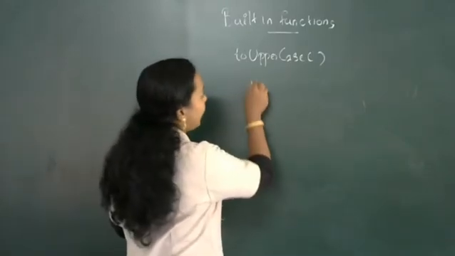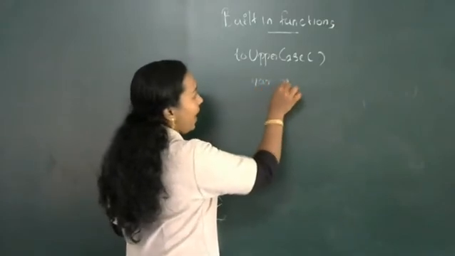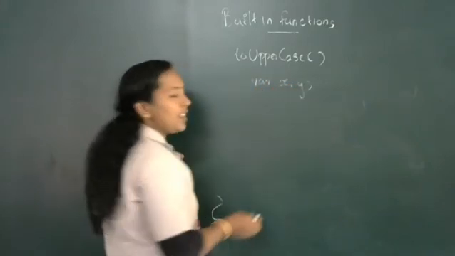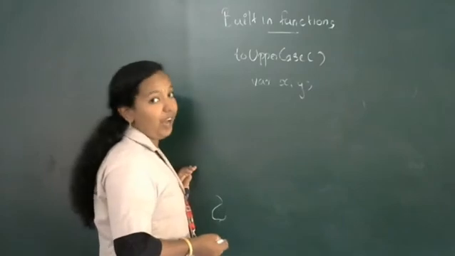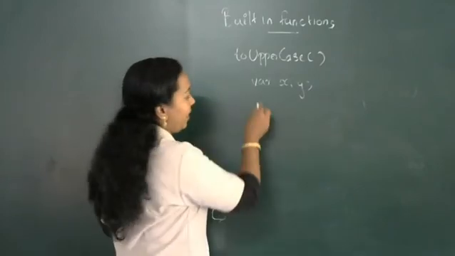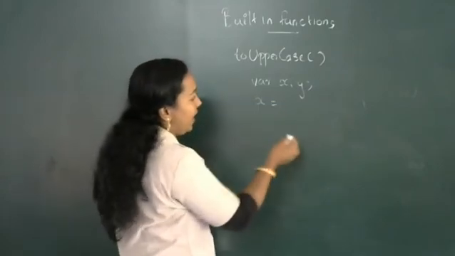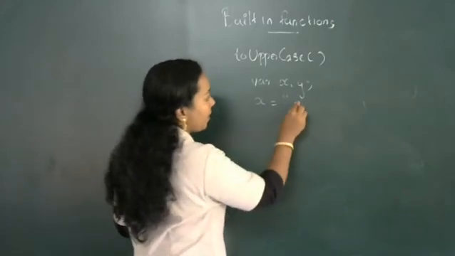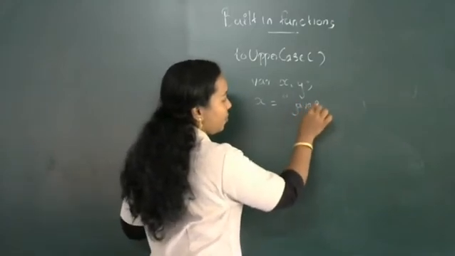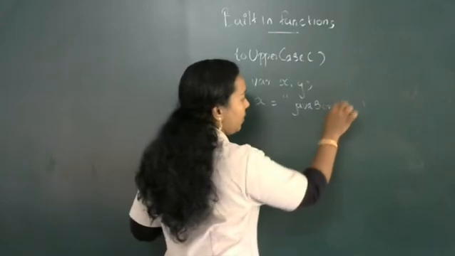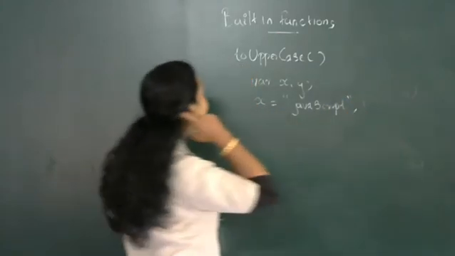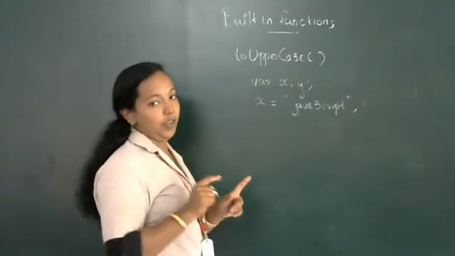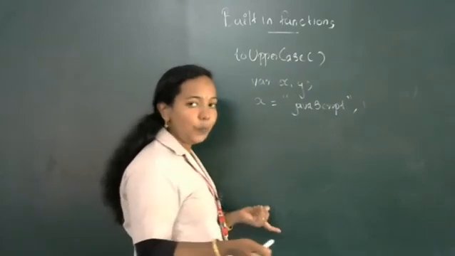So we can write like this, var x, y. What is this? x and y, two JavaScript variables. Then I am going to initialize x is equal to JavaScript. The entered characters are now in small letters that I want to make into capital letters.